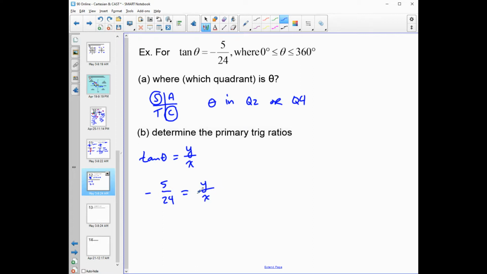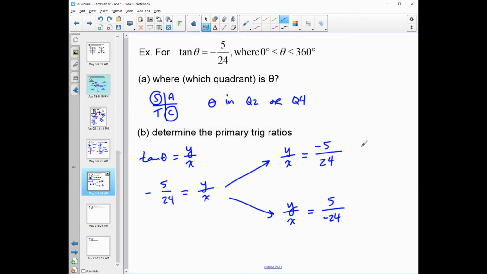But what could that mean? Well, that could mean that the y value is negative. That could mean that y over x is negative 5 for y and positive 24 for x. Or it could mean that y over x is equal to positive 5 for y and negative 24 for x.